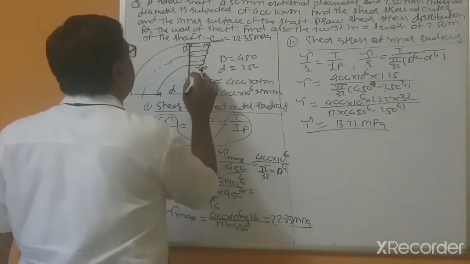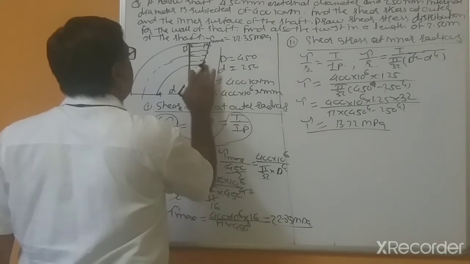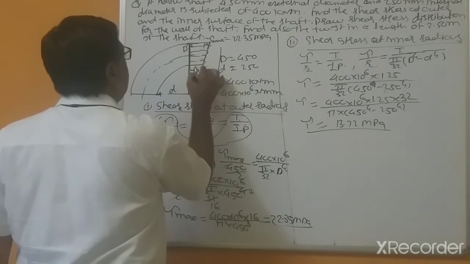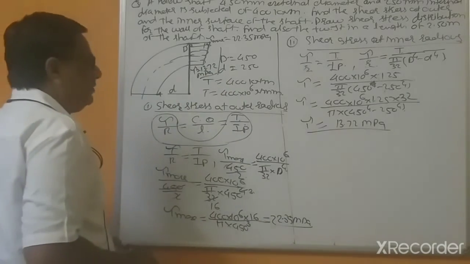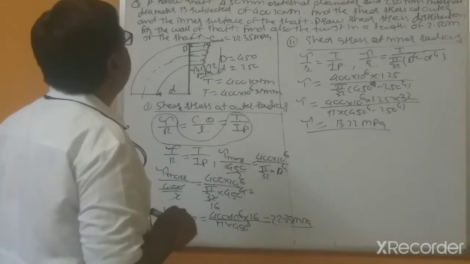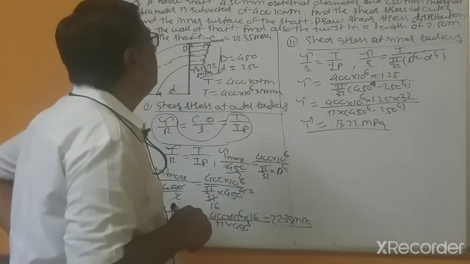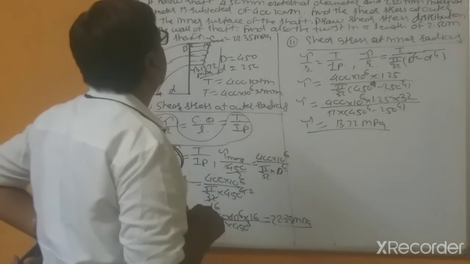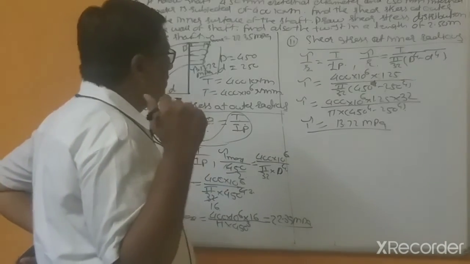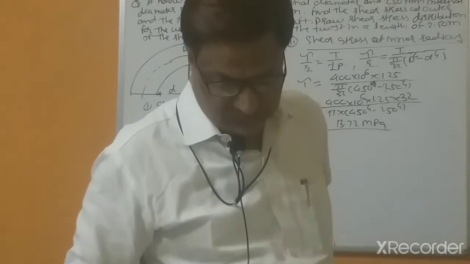And this is tau equal to 13.72 megapascal. So what is the next bit? Twist in a length, the twist in a length. So here twist in a length means we require modulus of rigidity.